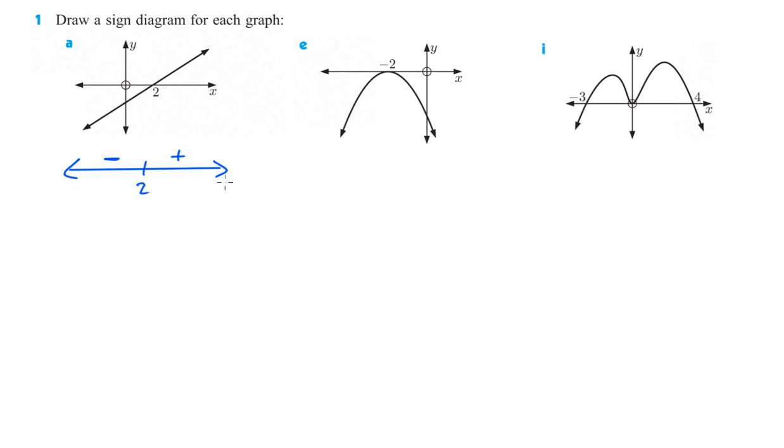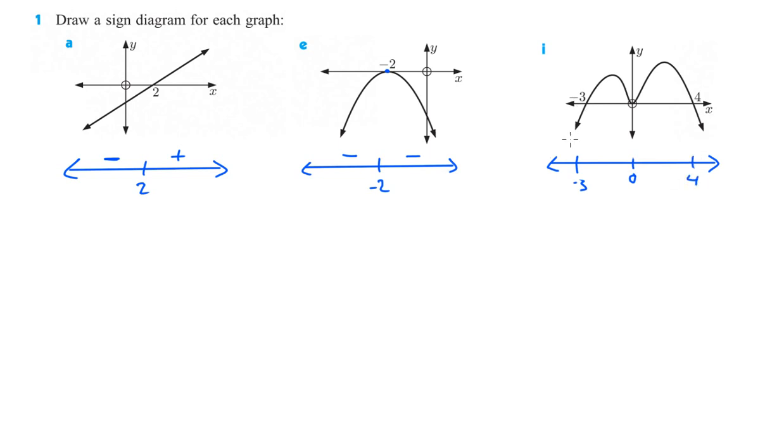Okay, so on E, we will draw ourselves our line here, and it looks like it hits right here at -2, so we would really just put a -2 in there. To the left of -2, it's negative. To the right of -2, it's also negative. There's our sign diagram. For I here, it crosses at -3, at 0, and at 4.